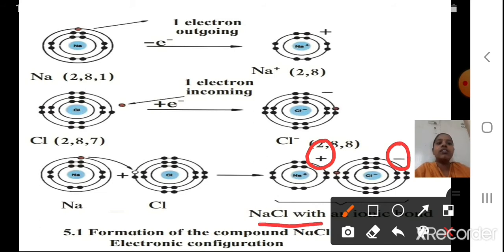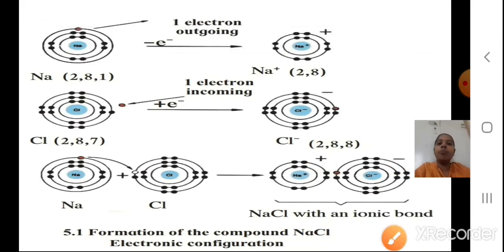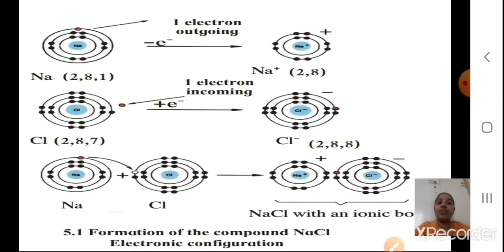Can you see here it is written NaCl, and an ionic bond is formed between the Na+ and Cl-. Okay, so this is figure 1.5 which is given in your text also. Students, did you understand the formation of NaCl? Yes, and this NaCl has a very high stability. Okay, so we'll continue.